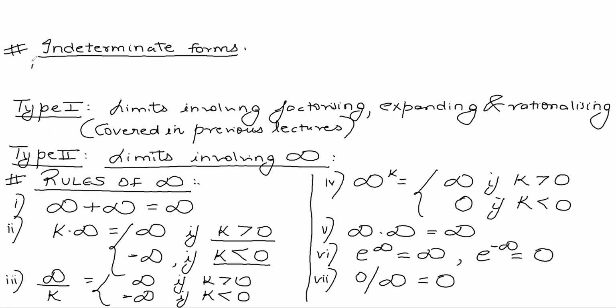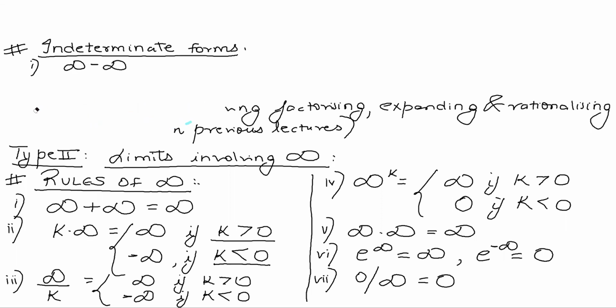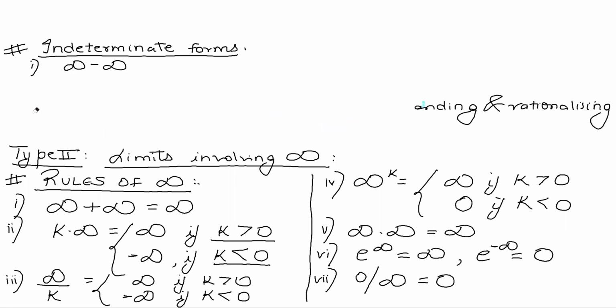First, infinity minus infinity, we do not know its value. These are indeterminate, which means if you get a question where you have one of these forms, you cannot find the answer. So one form is infinity minus infinity, second form is 0 to the power 0. You cannot find the answer of 0 to the power 0.